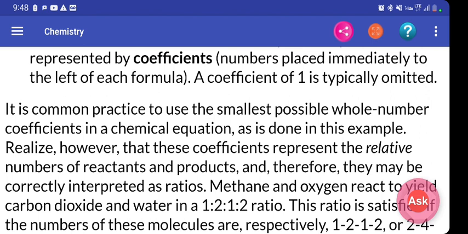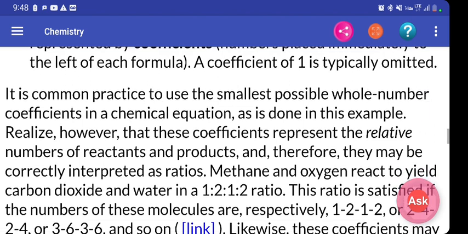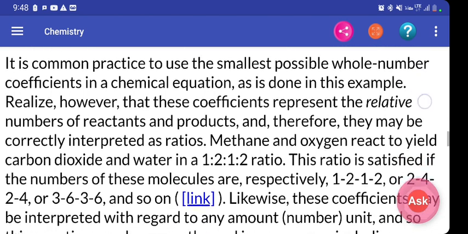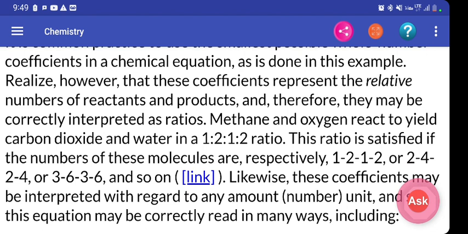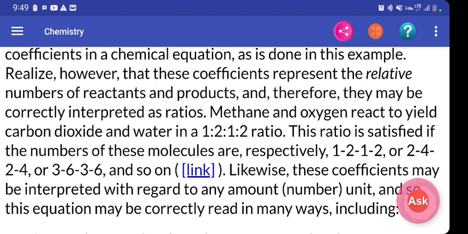Realize, however, that these coefficients represent the relative numbers of reactants and products, and therefore they may be correctly interpreted as ratios. Methane and oxygen react to yield carbon dioxide and water in a 1:2 ratio. This ratio is satisfied if the numbers of these molecules are respectively 1:2 or 2:4 or 3:6 and so on.